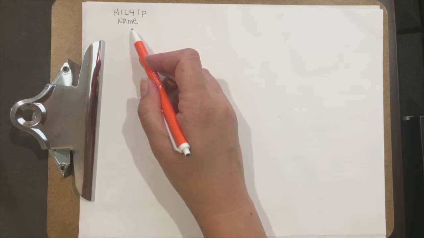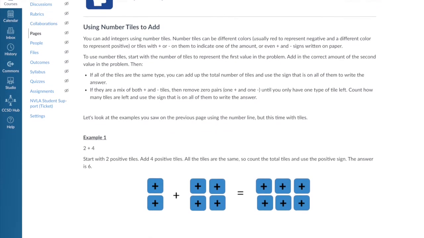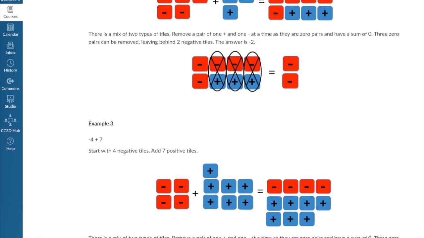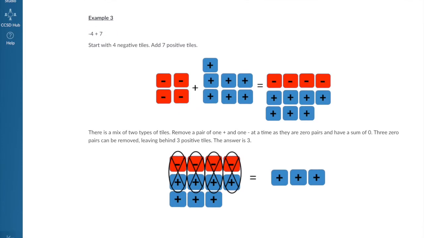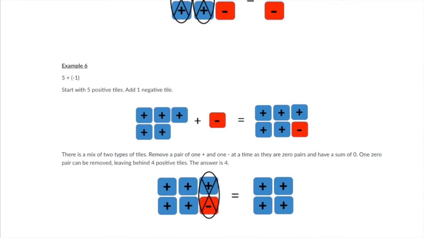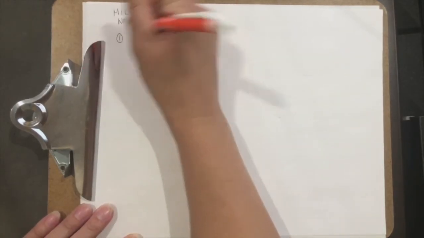And if you can't take away something that's not there, then we need to add in zero pairs in order to take stuff away. Let's get started so you can see exactly what I'm talking about.